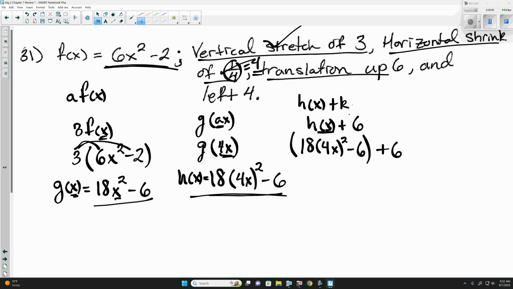Now we can drop it. Or x close parentheses squared, because our plus 6 minus 6 is 0. We could write plus 0, but that's not adding anything.